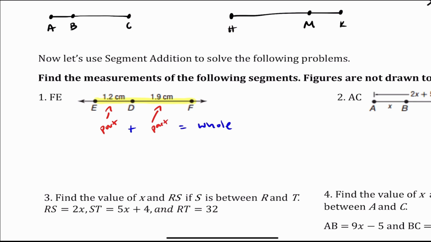So one of the parts is 1.2 centimeters plus my other part, which is 1.9 centimeters, and that's going to equal 3.1 centimeters. All right, so it's ED plus DF. So this was ED plus DF, which equals EF.